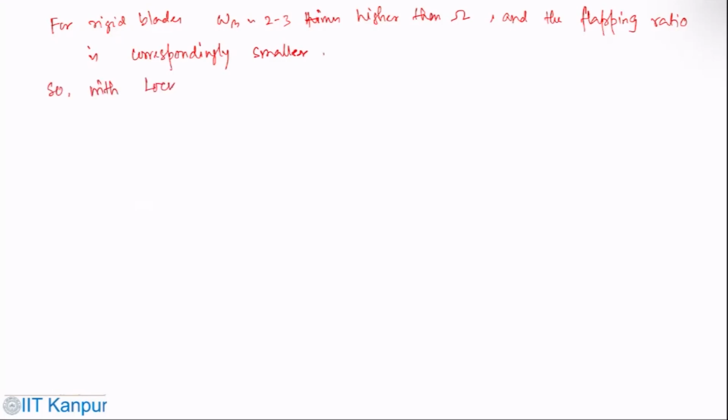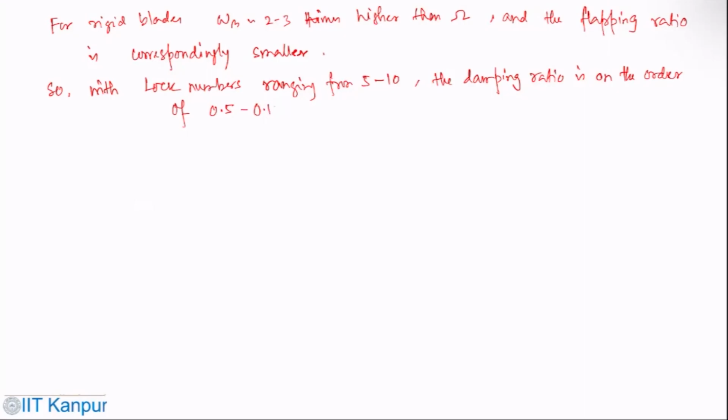With Lock numbers ranging from 5 to 10, the damping ratio is on the order of 0.05 to 0.16.